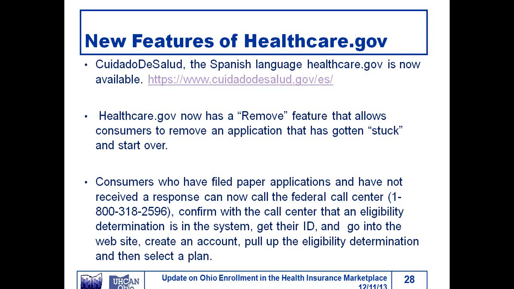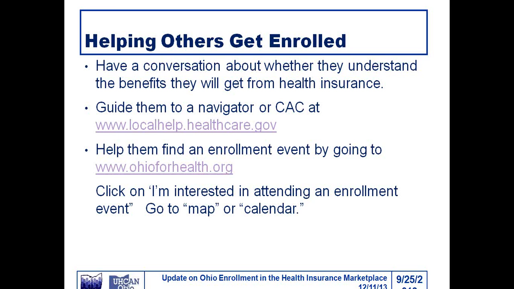The call center will give them their ID, and then they can go into healthcare.gov, create an account, and by using their ID, pull up the eligibility determination and select a plan. So these are two things that help navigators and certified application counselors help the consumer move through more quickly, and help the consumer who is doing his own enrollment to move through more quickly and more effectively.